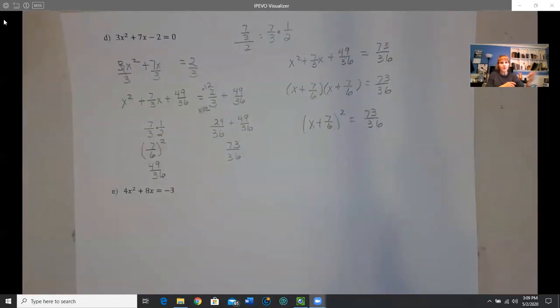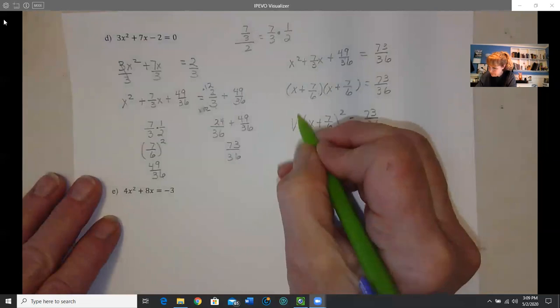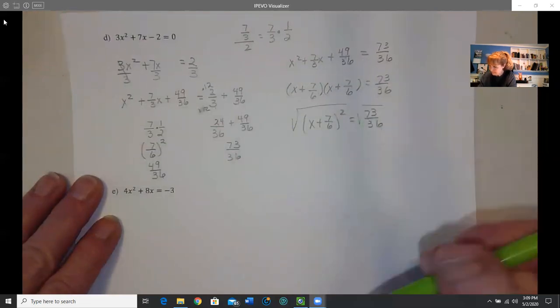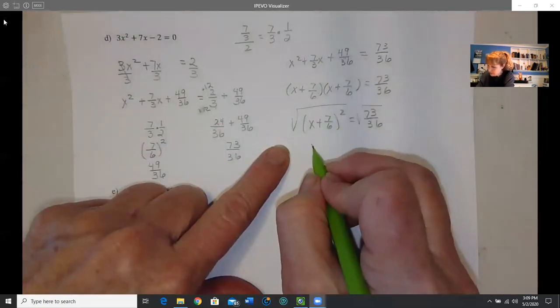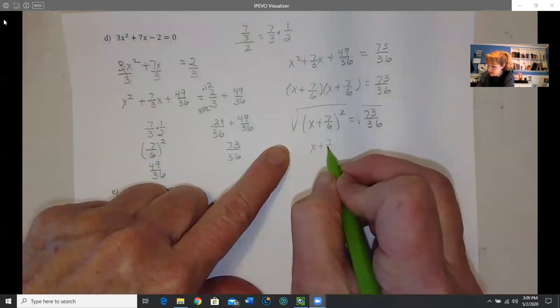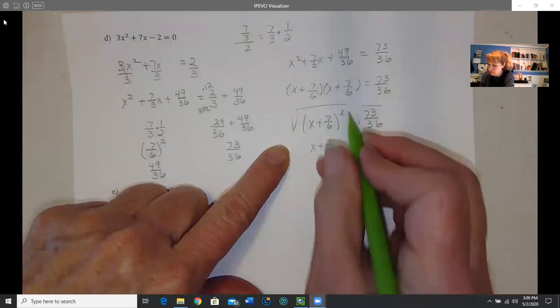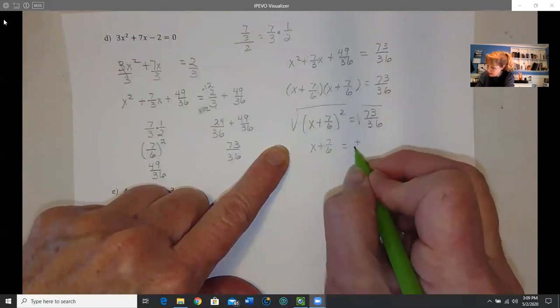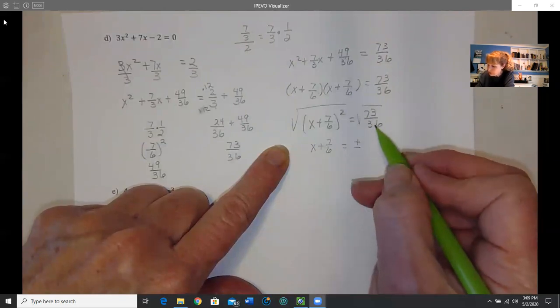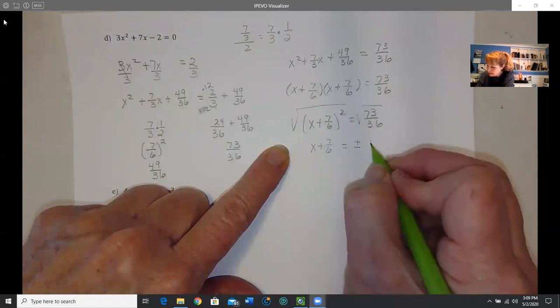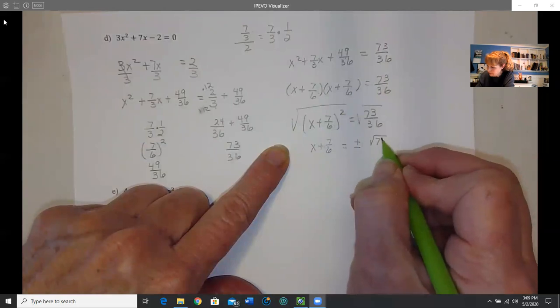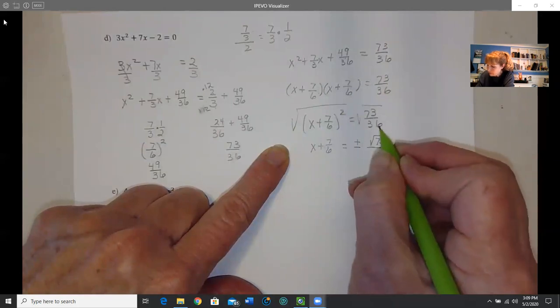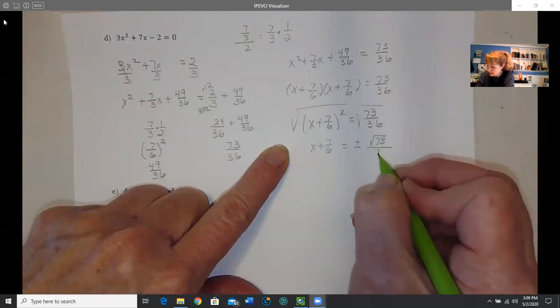And then we'll take the square root of both sides, which leaves us with x plus 7/6. The squared and the square root cancel each other out. Plus or minus. This won't reduce, the 73 and the 36, so I'll keep them separate. And the square root of 36 is 6.